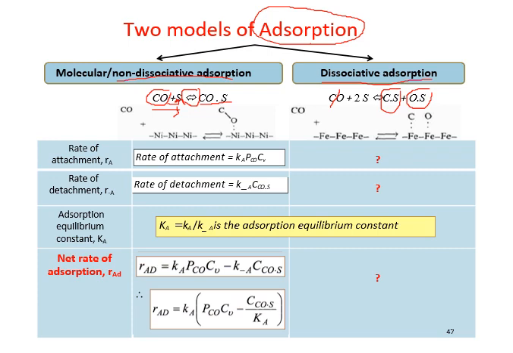Then it is also possible for detachment to happen, where carbon monoxide adsorbed on the vacant site turns back into carbon monoxide and a vacant site. So to find the rate of adsorption, it has to be the rate of attachment plus the rate of detachment.